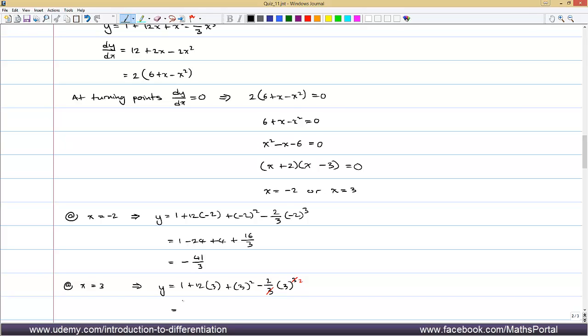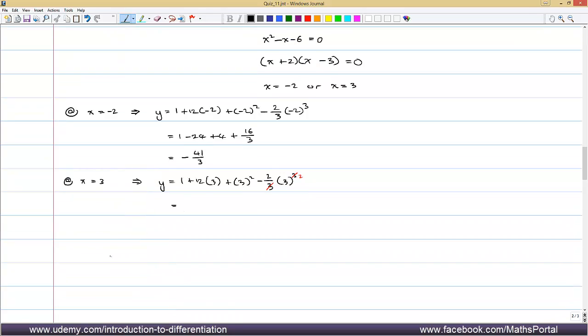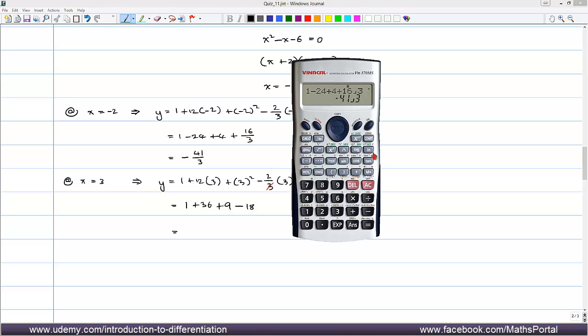So that's equal to 1 plus 36 plus 9, and this is minus 18, because 3 squared is 9 multiplied by 2, that is 18. So that is 1 plus 36 plus 9 minus 18. That is 28.